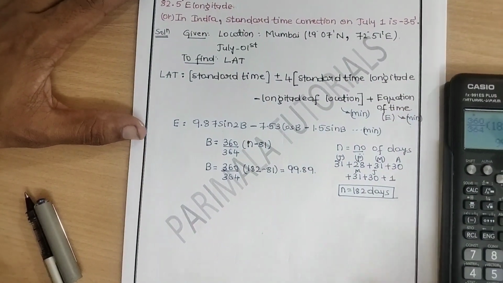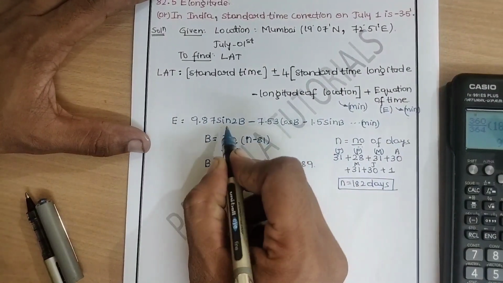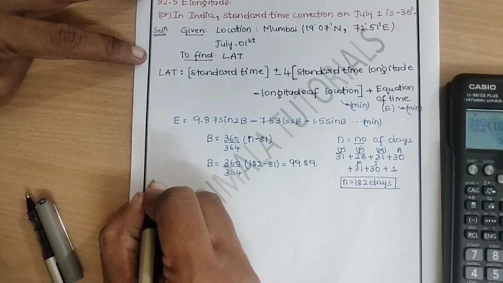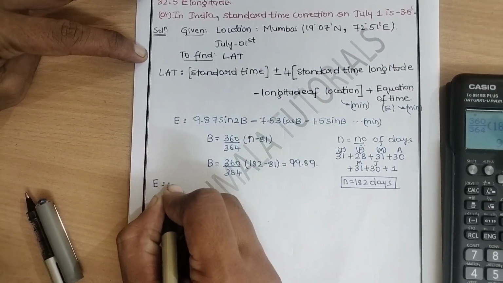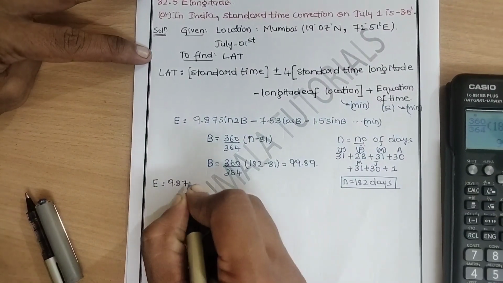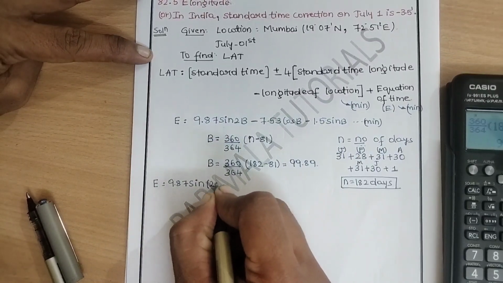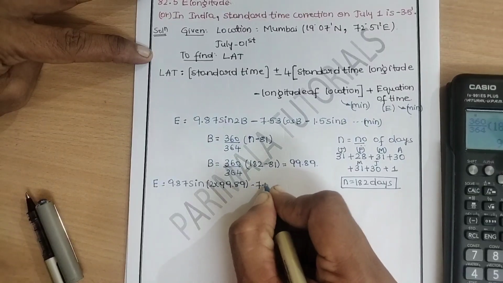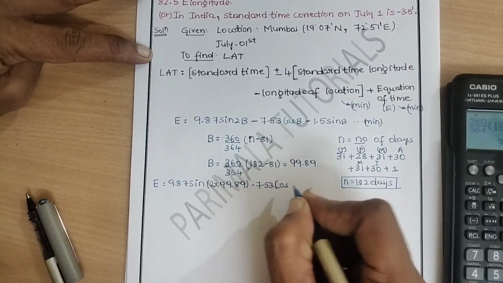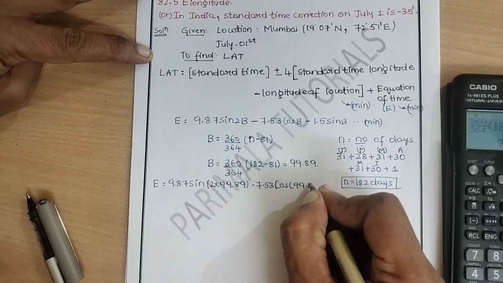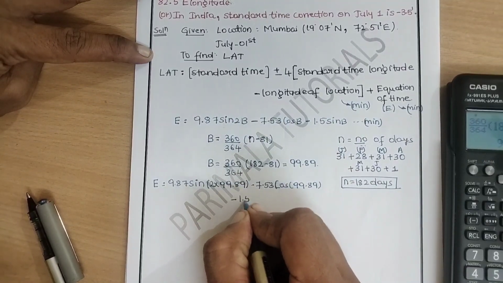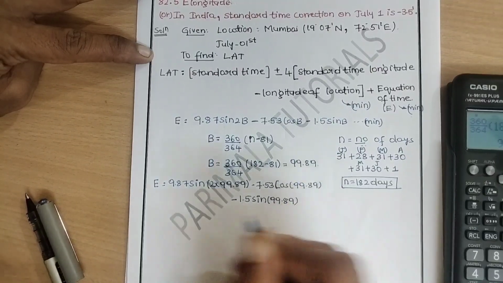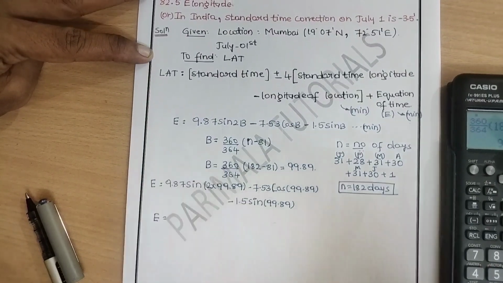So this is the value of B. Now let us substitute the value of B in the equation of time, thereby we get the value for E. So E is equal to 9.87 sine of 2 times 99.89, minus 7.53 cos of B, that is 99.89, minus 1.5 sine of 99.89.